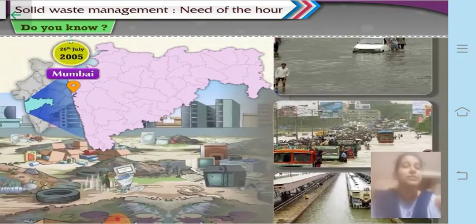You may not have been born at that time, but it was a serious situation in Mumbai, because so many people got stuck in that flood. Many people died on the way itself because they could not go home. If they were traveling by vehicle, the vehicles got jammed because of the flood, and the windows could not be opened.